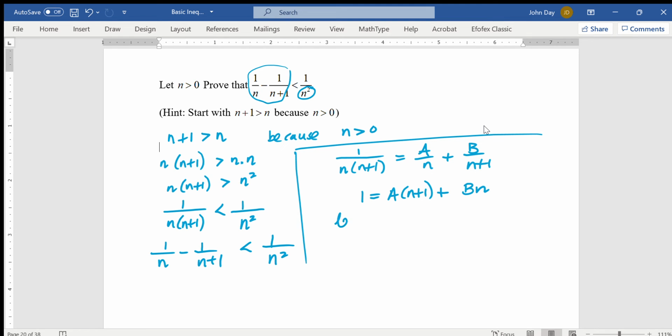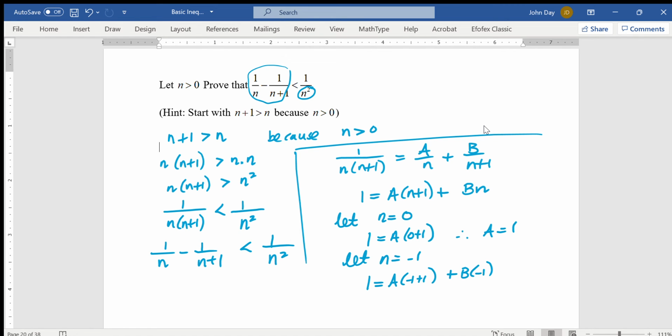So, for example, let n equal 0, then 1 equals a times 0 plus 1. So a equals 1. And let n equal minus 1, then we've got 1 equals a times minus 1 plus 1 plus b times minus 1.